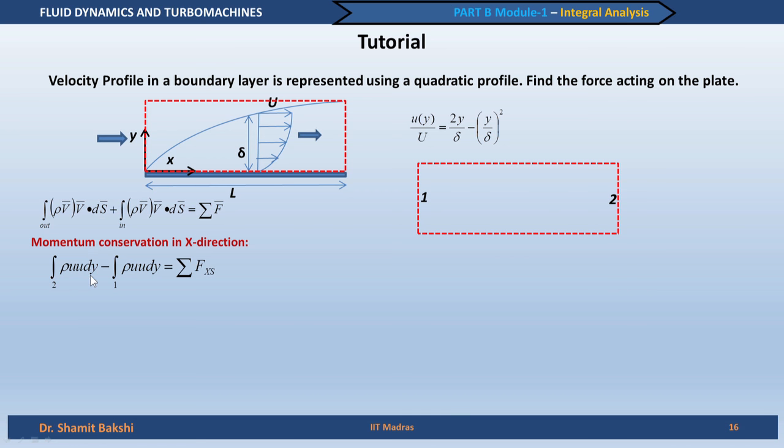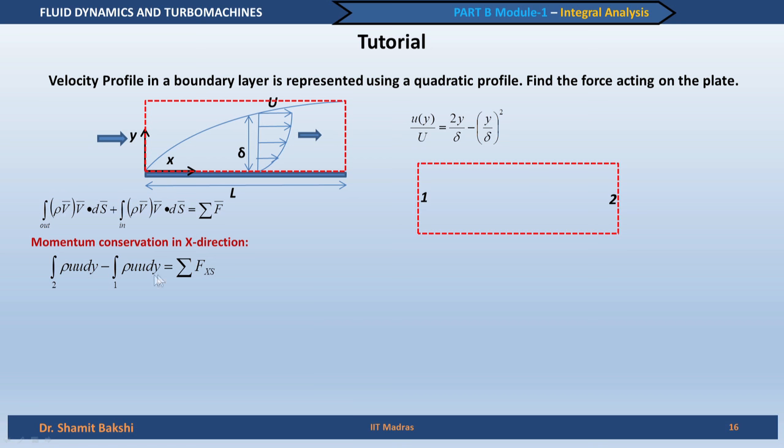Of course, even in this case we have assumed a unit length perpendicular to the control volume. We can take it as some other constant quantity also and multiply this expression with that quantity. So, this is for the exiting surface.